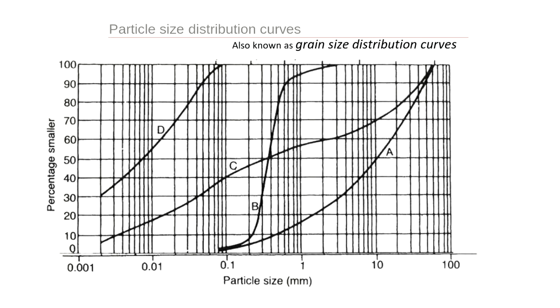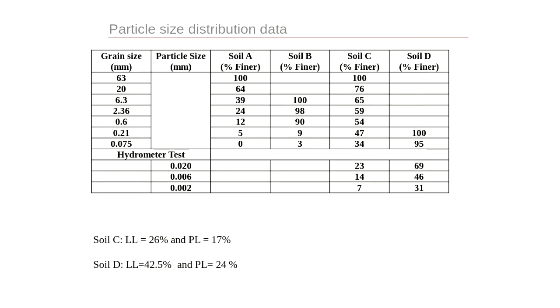Just make sure that for the particle size, you have a logarithmic scale. This one, percentage finer or smaller, is a regular scale, so don't worry about that one. The way that we draw this curve, we use grain size, which comes from the sieves. So this is actually the size of the mesh in the sieve.